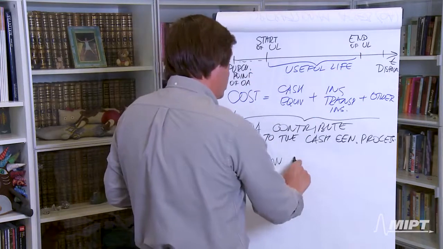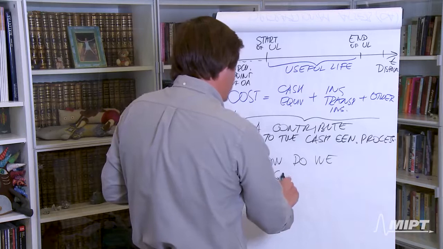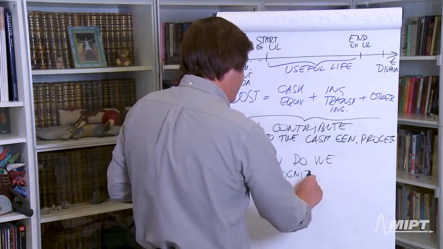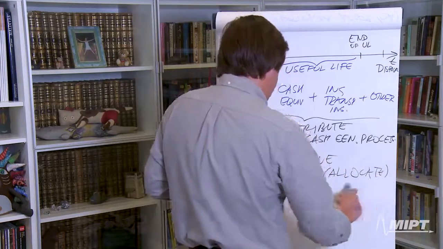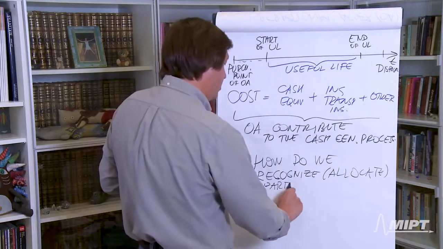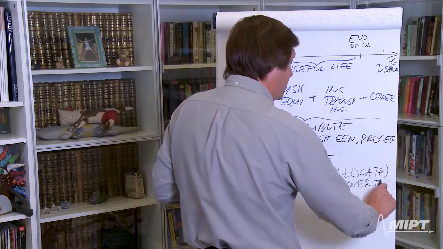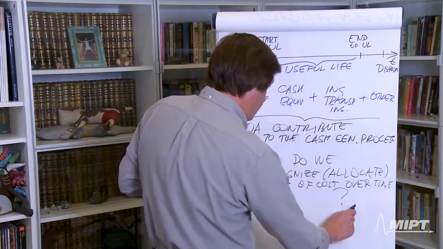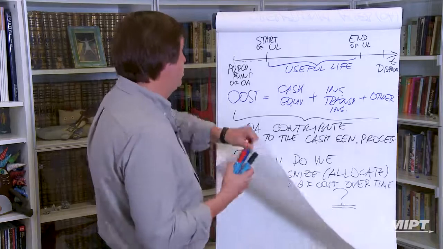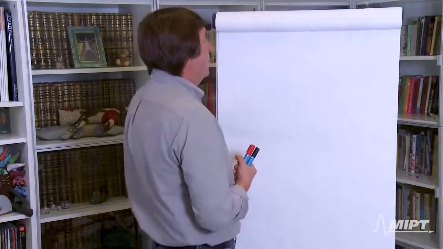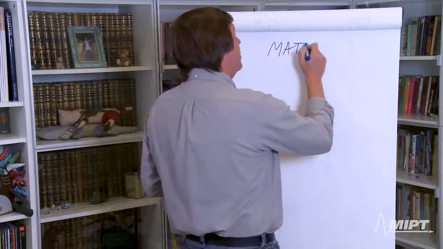How do we recognize, or sometimes they use a special term, allocate parts of cost over time? And this is a big question. And that leads us to the main idea here. And the idea is the matching principle.